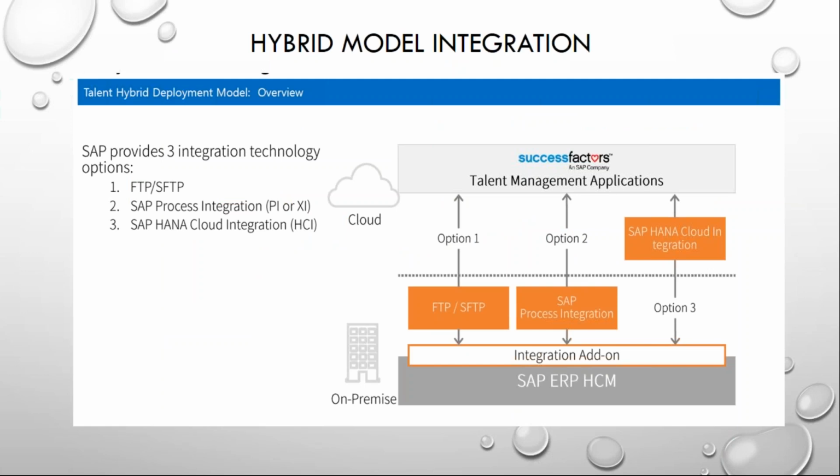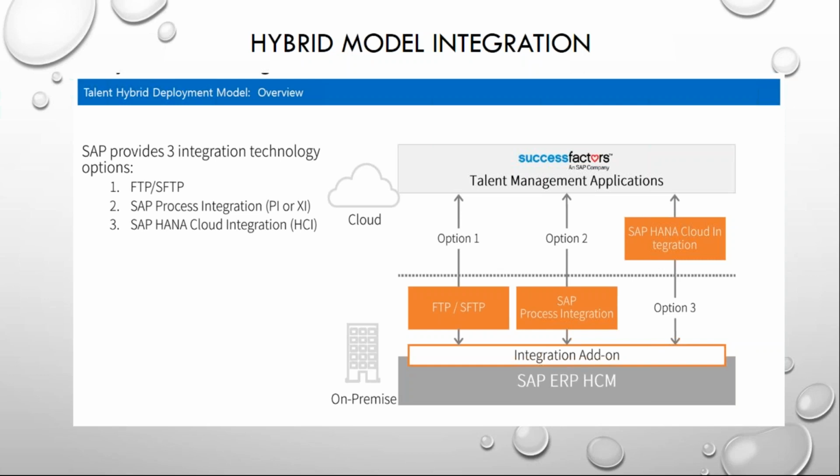If I'm going to have one part of data in cloud and one part of data on premise, I can either create a data file and send that data file to SuccessFactors, upload it. Or I want it real time.